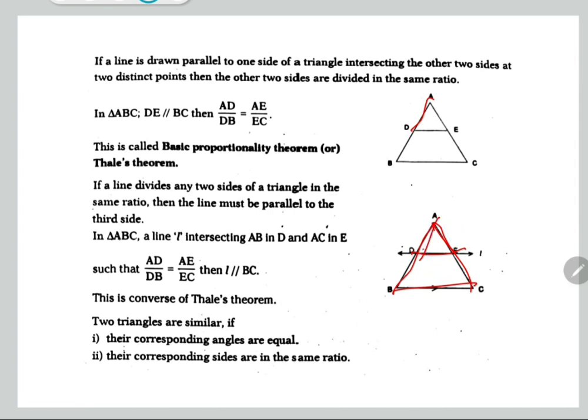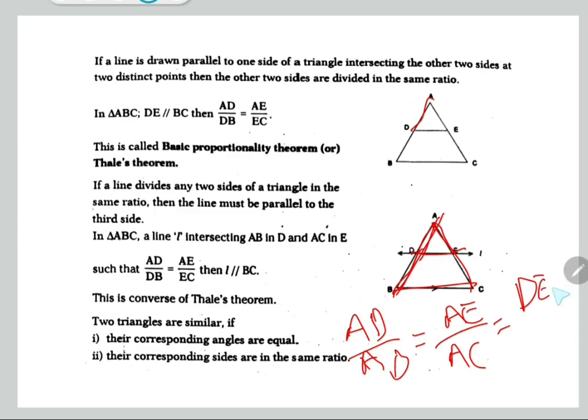We can write AD by AB is equal to AE by AC is equal to DE by BC. Their corresponding sides are in the same ratio.